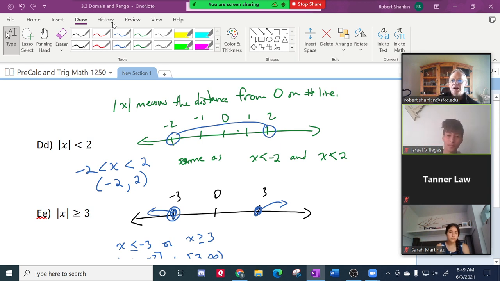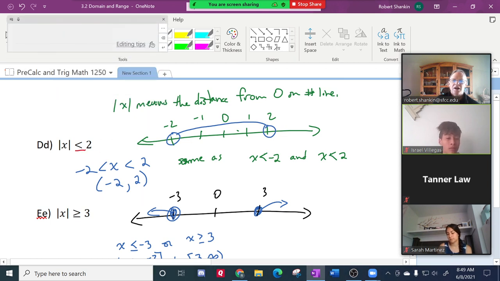If this had been an equal sign, then you would fill in these open circles. And then these would change to brackets if there was an equal sign. So, less than, open circle is associated with the parentheses, closed circle with the brackets.